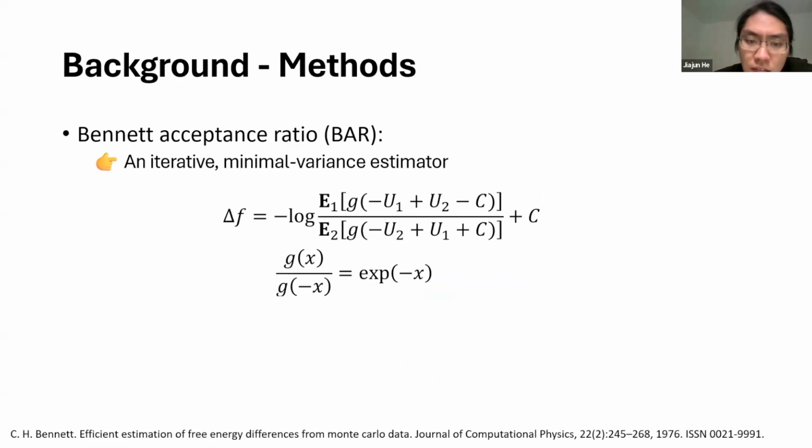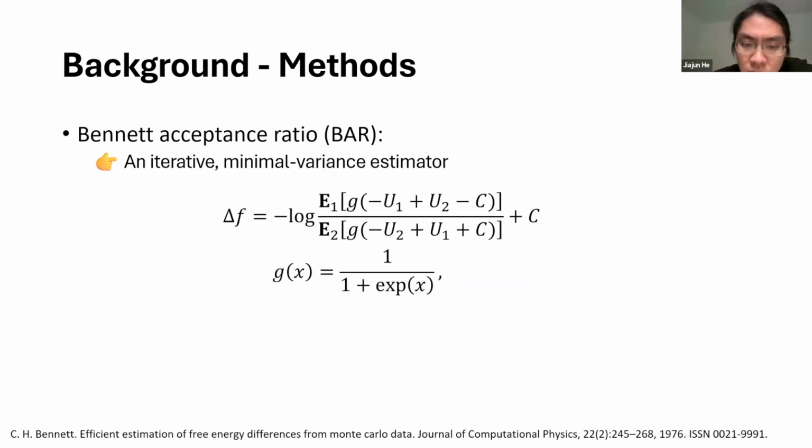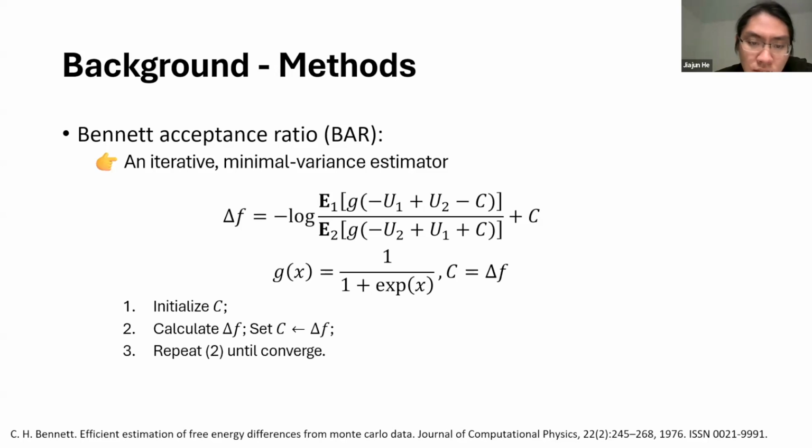To have a minimum variance estimation, for G we take the Fermi function, and C should be delta F. But we want to estimate delta F, right? So it's not possible to set C to delta F at the beginning, and that's why the iterative algorithm comes in. We first initialize C to some value, then we estimate delta F with the C, and we set C to delta F and calculate again until convergence.